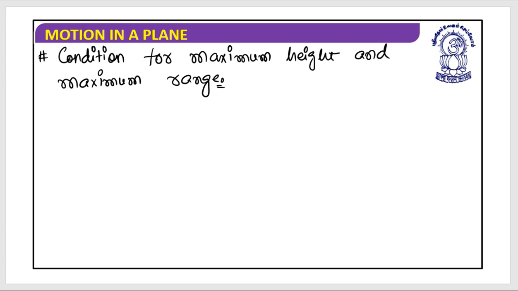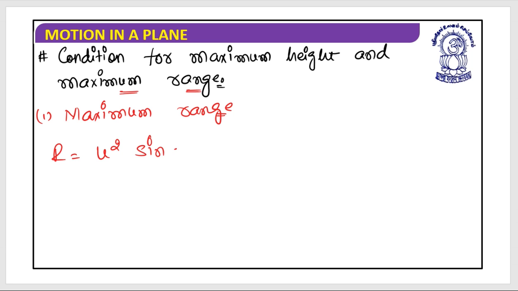So let's begin with maximum range. The range would be, what is it? It's u square sine 2 theta divided by g.